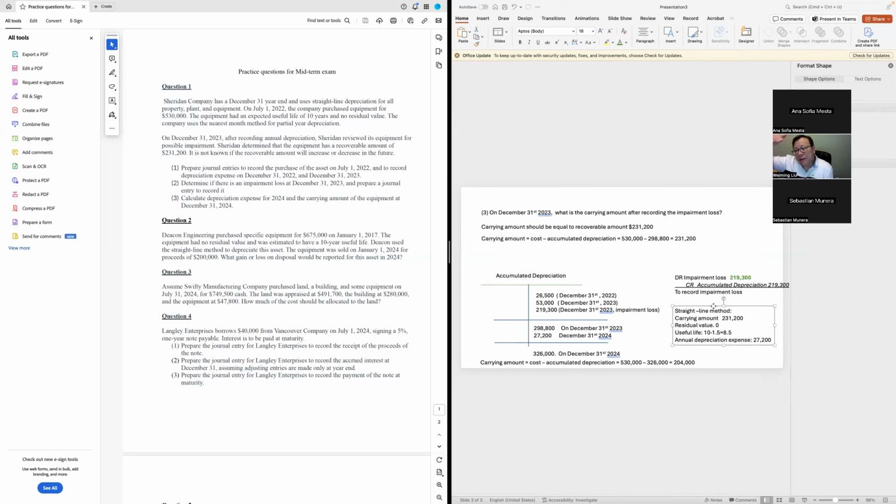So when there's impairment loss, you have to recalculate your depreciation expense. Because normally with the straight line method, every year the depreciation expense is the same. But once you record impairment loss, your annual depreciation under the straight line method will be different. So it's pretty clear as shown in this example.